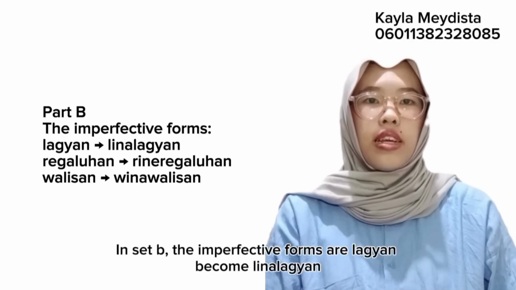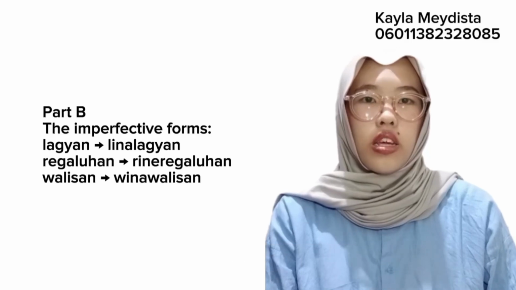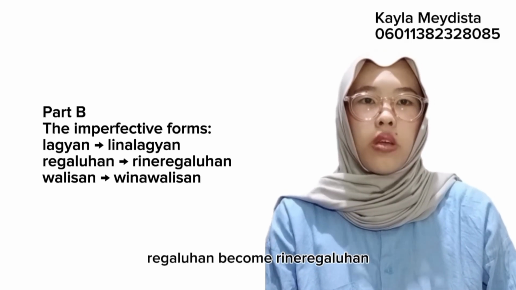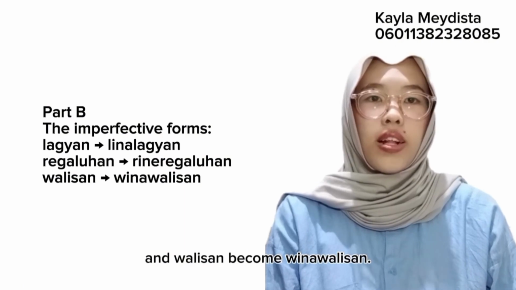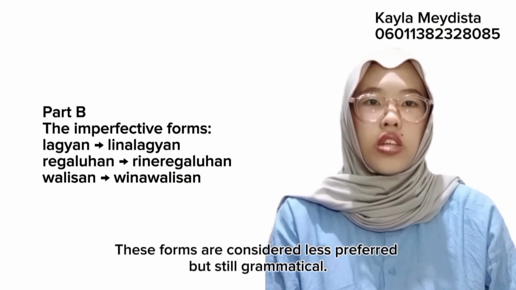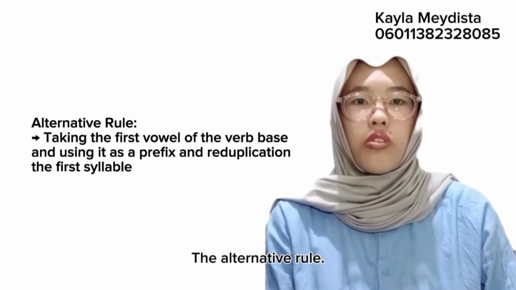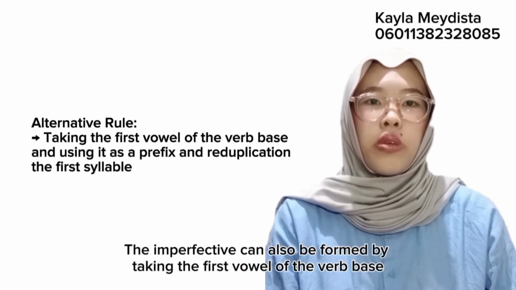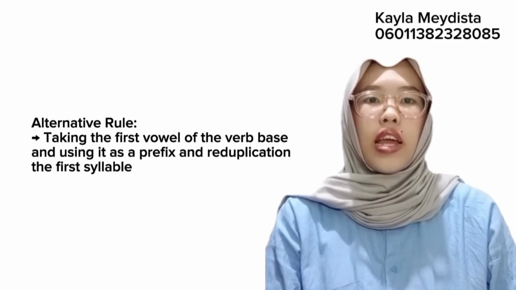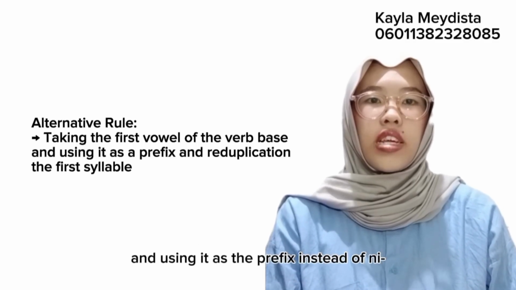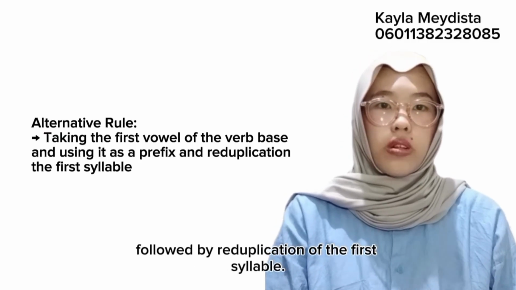In set B, the imperfective forms are lagyan, becomes linalagyan, regaluhan, becomes rineregaluhan, and walisan, becomes winawalisan. These forms are considered less preferred but still grammatical. The alternative rule: the imperfective can also be formed by taking the first vowel of the verb base and using it as the prefix instead of "ni", followed by reduplication of the first syllable.